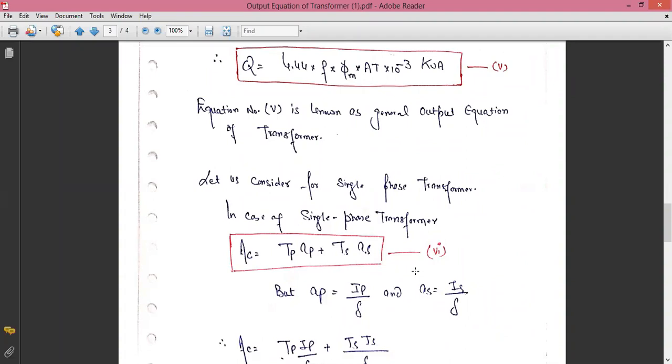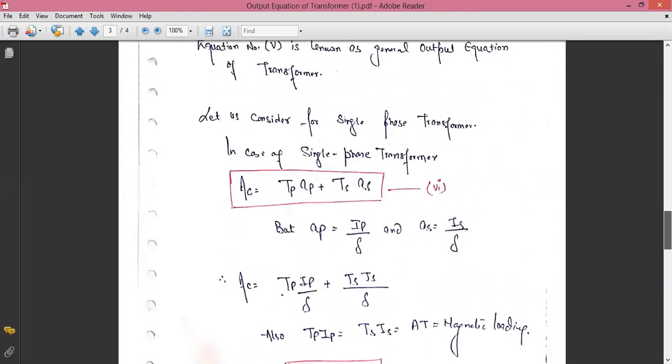Now to calculate this cross-sectional area, Ap is equal to current upon current density, and current density is basically current per unit area. So Ap = Ip upon delta, and As = Is upon delta. I can substitute both values of Ap and As in equation number 6.